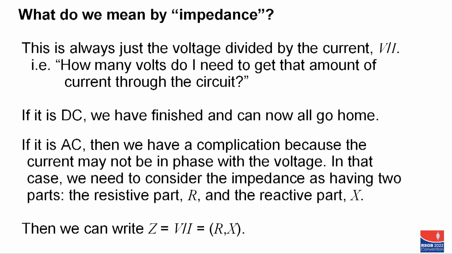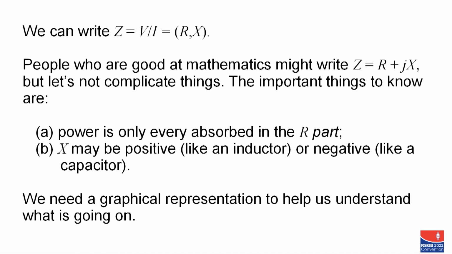The resistive part doesn't need any explanation. So that's what it is, R, X. And people who are good at mathematics might write Z is R plus jX, this complex representation.